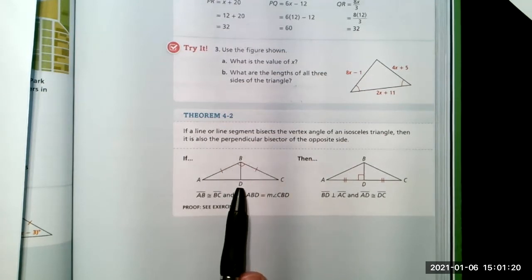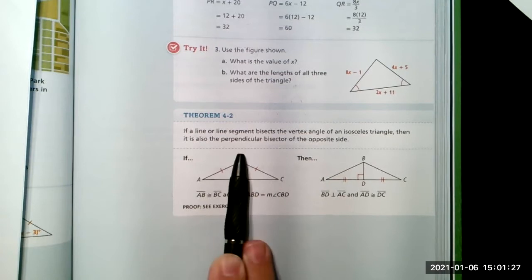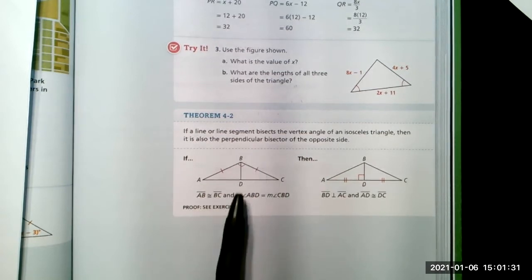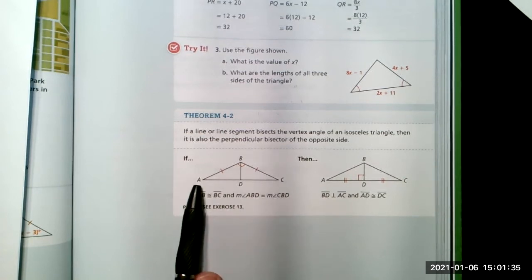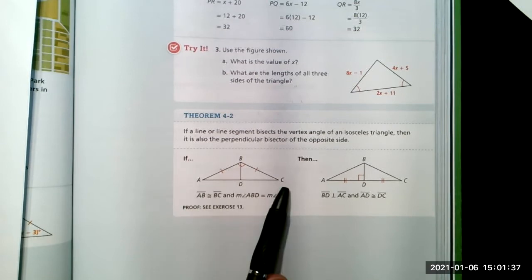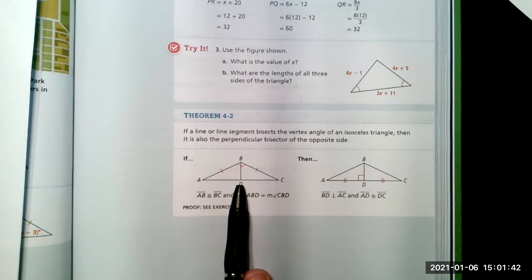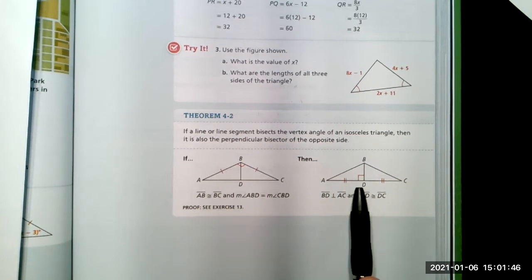Perpendicular means that it comes straight off of the ground. Basically, line BD is at a 90-degree angle straight off the ground from the base, AC. So that's perpendicular. It forms a 90-degree angle right there. And then the bisector means that it cuts AC perfectly in half. So AD, that line segment, is going to be the same length as CD. Same thing over here, just kind of emphasizing exactly what we talked about.